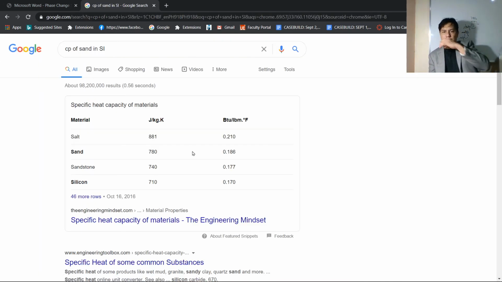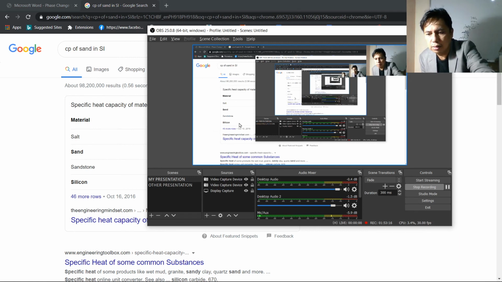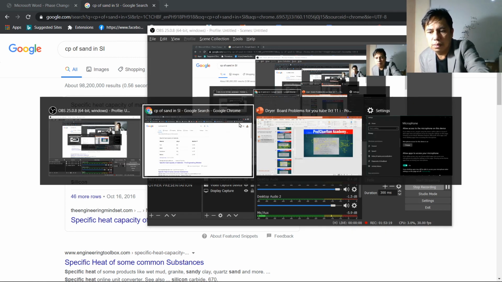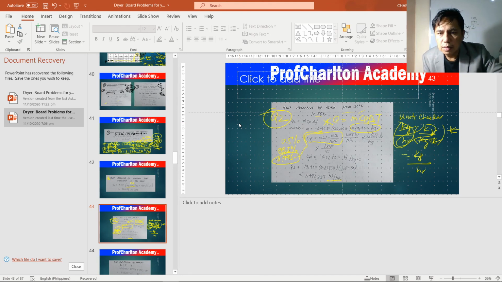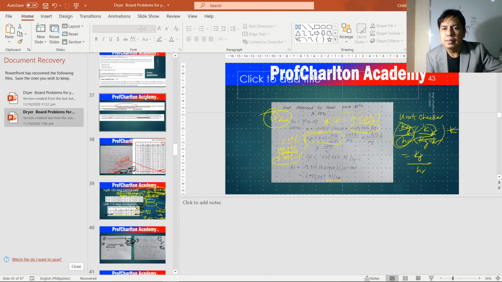Wow. Here, look at this. We have 780, if it's 0.186, but we have this 0.21, right? The BTU per pound mass degree Fahrenheit, it says BTU per pound per degree Fahrenheit. Let me check this. What is our given?